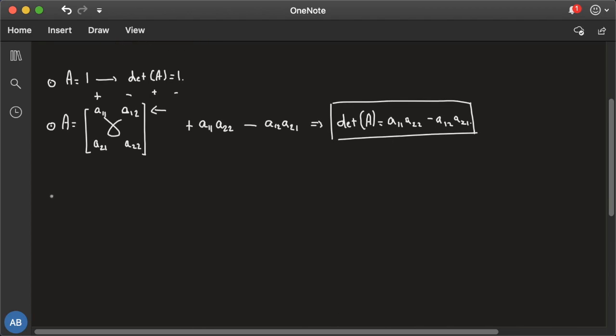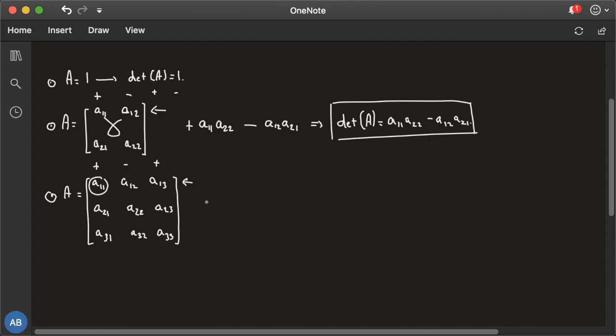Now, if we were to compute a 3 by 3 determinant, we can pick a row and do the same thing. So first, let's lay the signs, plus, minus, plus. Focus on the first row and start with A11.